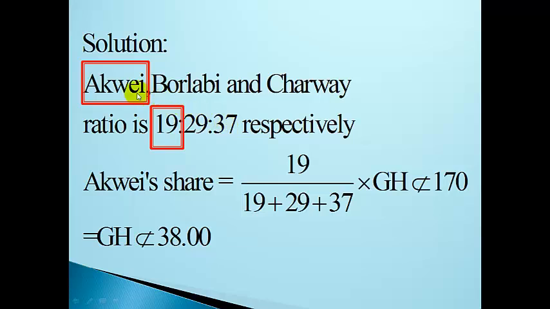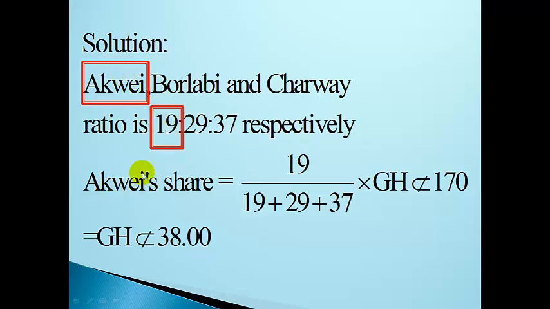Now, if you want to know Akwe's share, it will be equal to Akwe's ratio divided by the total ratio times the amount they are sharing, that is 170 Ghana cedis. Akwe's ratio is 19.